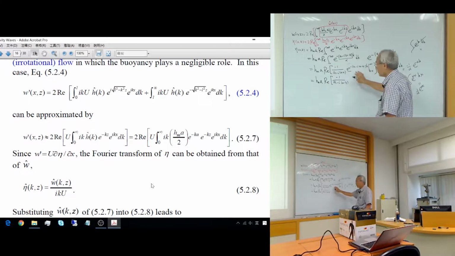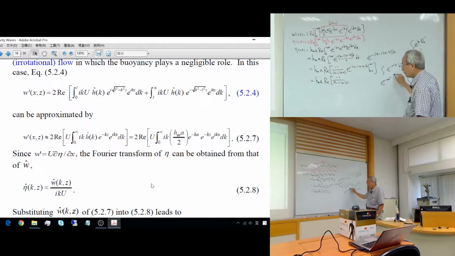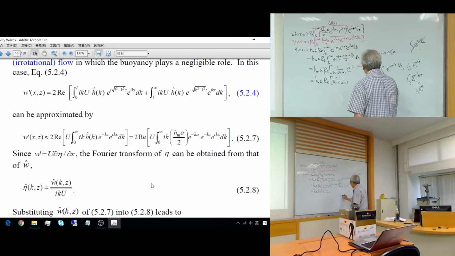This e to the minus infinity, when k goes to infinity. So this term will equal what? Zero, right. Because this part is e to the minus a minus I x minus g times k, with k from 0 to infinity.